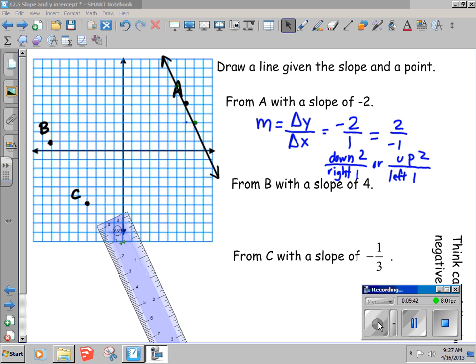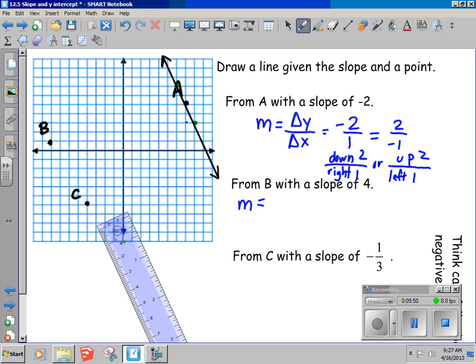Okay, so now let's look at making a line from B with a slope of 4. It's slope, so you know you can start out with the fact that slope is the ratio of what to what, Capone? Changing y to changing x. And in this case, it's a positive 4.